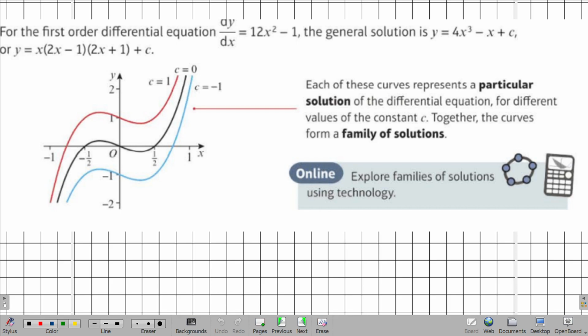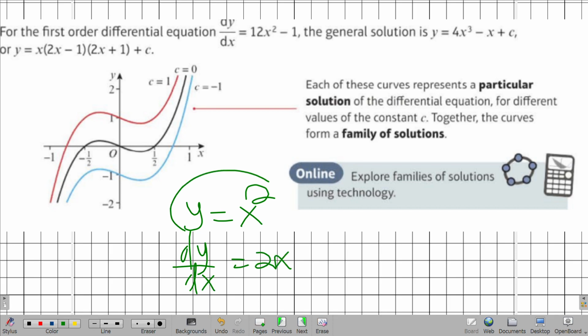It is like, for example, working from the answer, working backwards. If I know that y is equal to x squared, I know that dy over dx certainly is 2x. However, if this is not given, you're just given dy over dx is equal to 2x, then you need to go back to y is equal to x squared.